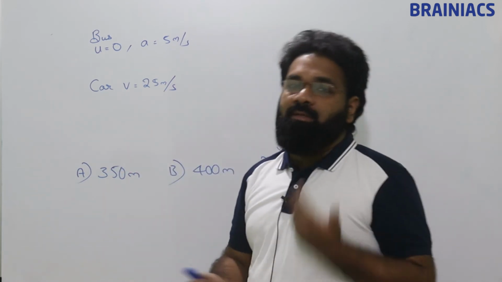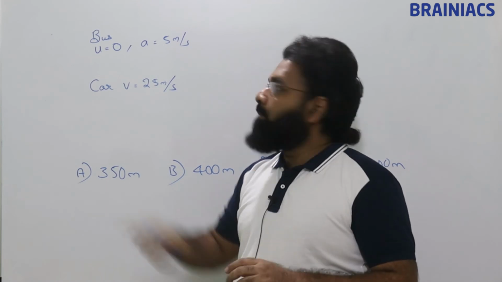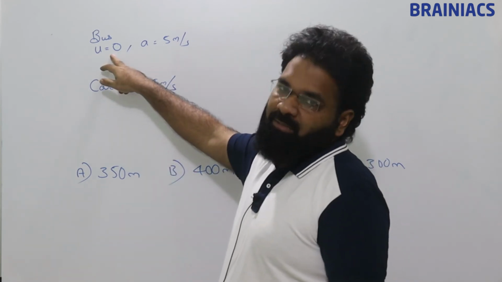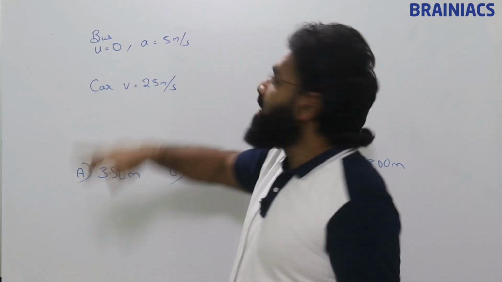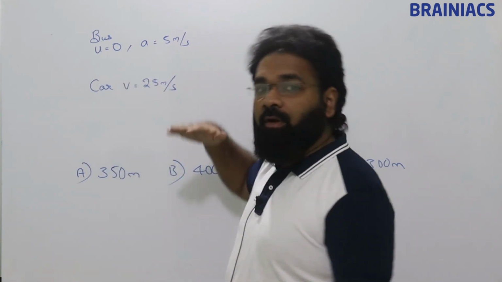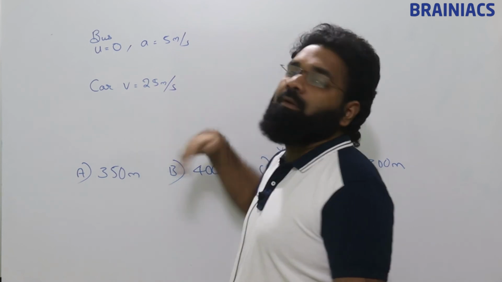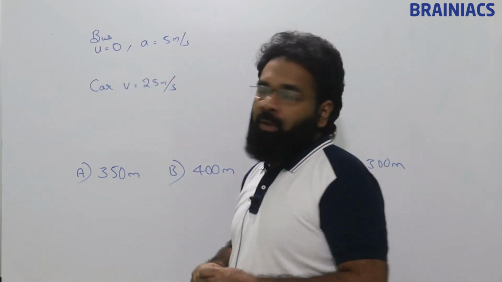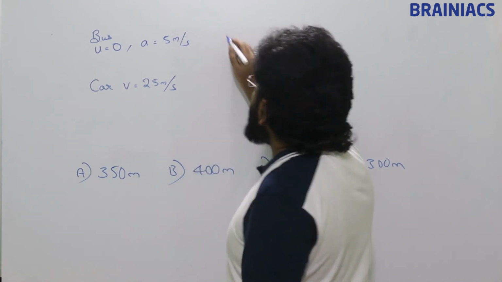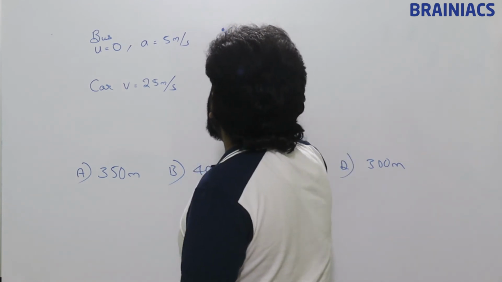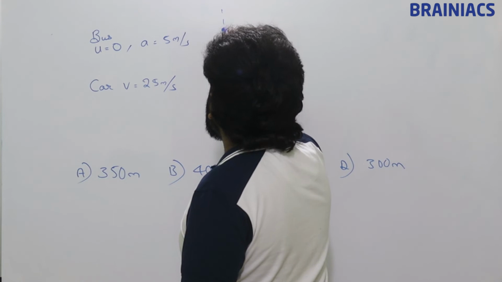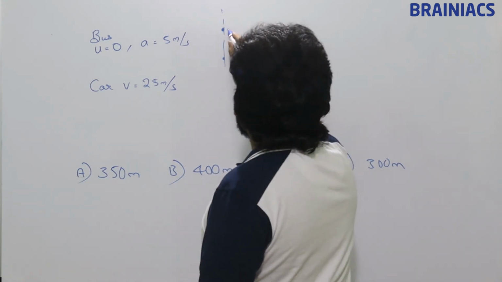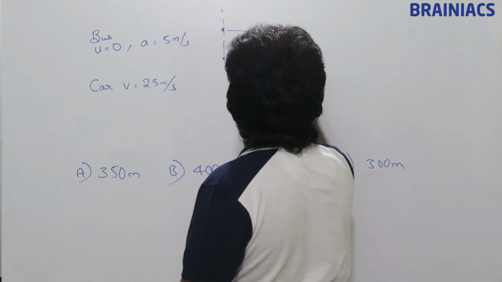Now at what distance will the bus overtake the car? How will the bus overtake? Even though it starts from rest, it has got acceleration, so velocity will increase. The car is moving with constant velocity, so definitely the bus can overtake the car. Suppose the bus is starting from here, and the car is crossing at this point; from here the story starts. So the bus is moving, the car is already ahead.